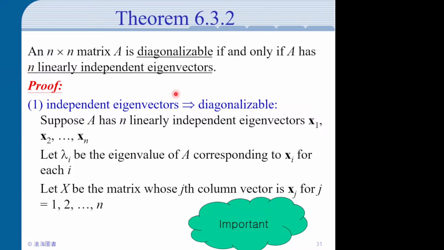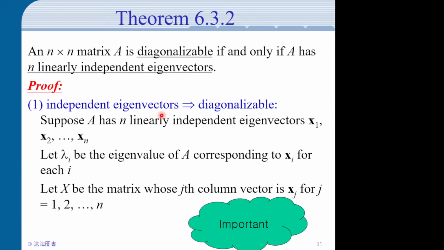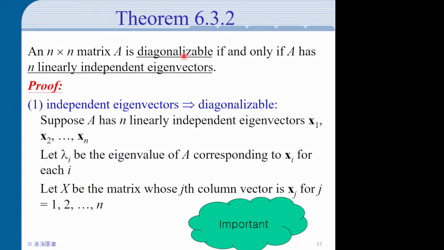And here is a bit tricky. We say if the lambdas are all different, then the vectors are linearly independent. So this is a sufficient condition for A to be diagonalizable by this theorem. The two theorems together say that if the lambdas are all distinct, then A is diagonalizable. Before we go to the proof, let's talk about implication.